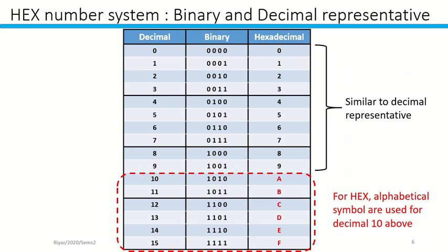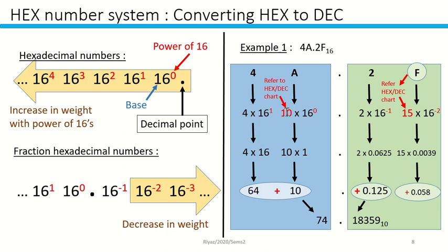So we have A, which is 10, times 16 to the power of 0, which is 10 times 1, giving 10. Then 4 is 4 times 16 to the power of 1, which is 64, plus 10, it will be 74. So the left side is finished.